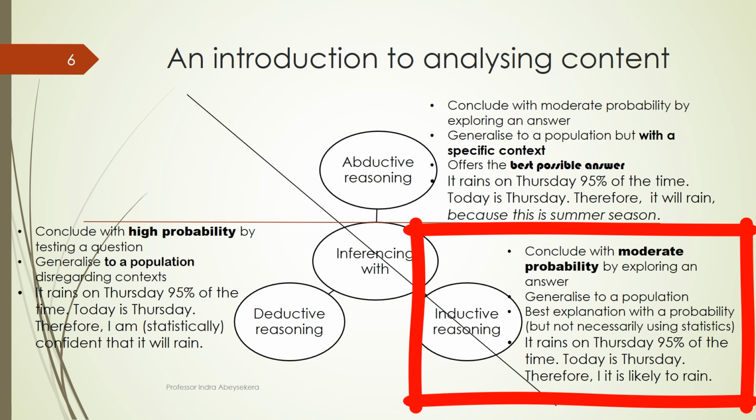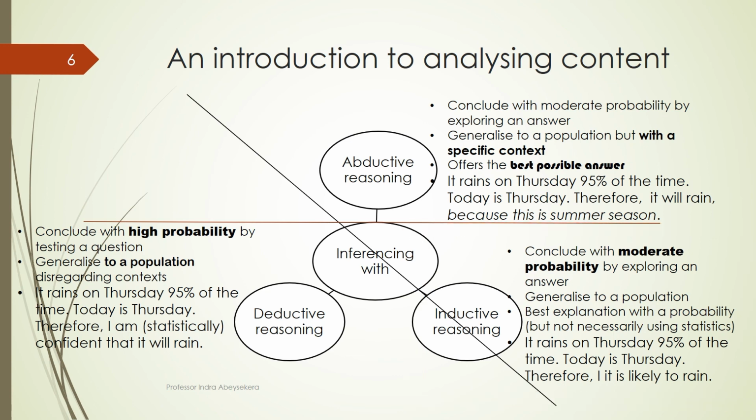For example, it rains on Thursday 95% of the time. Today is Thursday. Therefore, it is likely to rain. So the conclusion is with moderate probability.